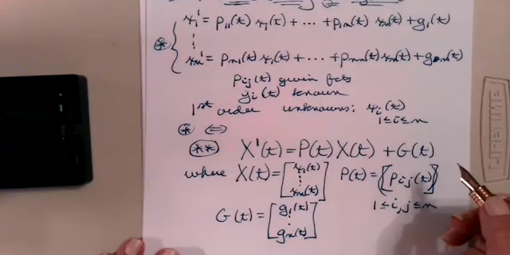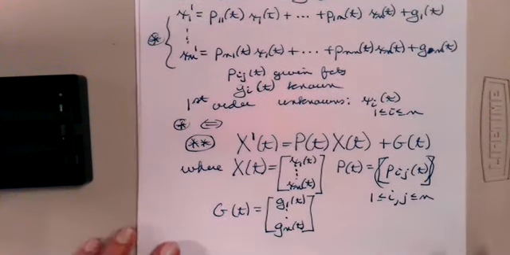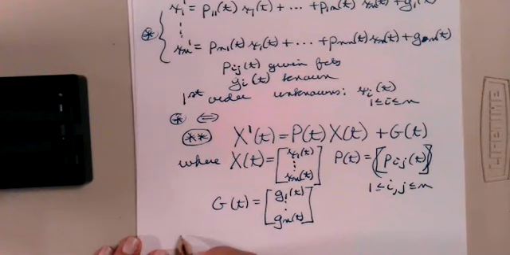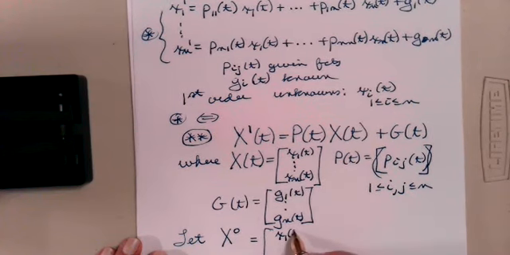So we need an initial condition on each one of the functions x1 up to xn. Let capital X super 0 be x1 at t0 up to xn at t0.